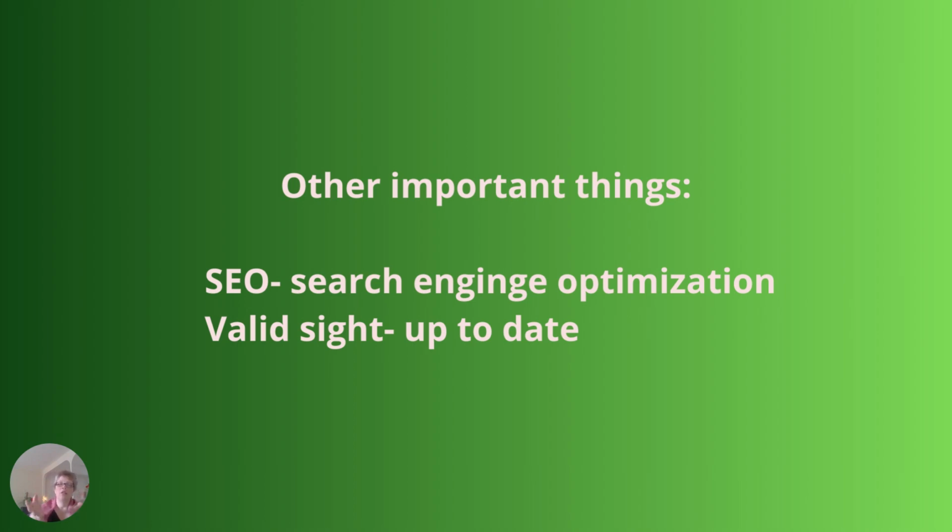But if you find a website somewhere created in 2006, like I told about in another video, maybe you will wonder, is this really valid? You want your visitors to rely on your website. So it's very good if you can put this in the footer of your web page.